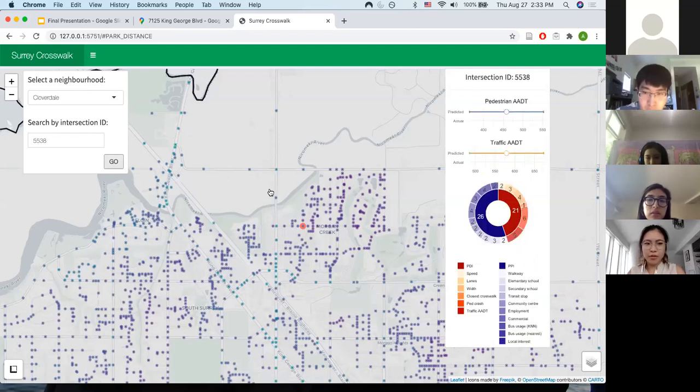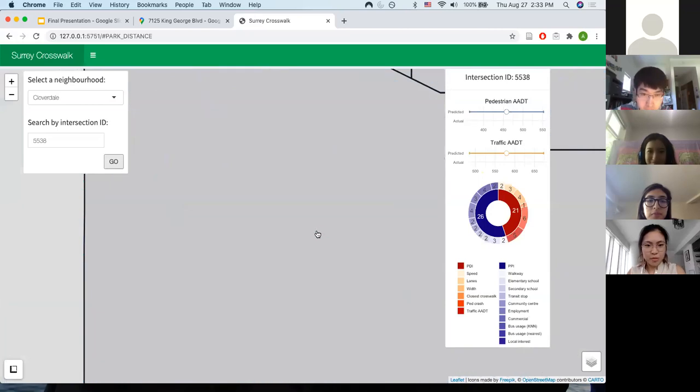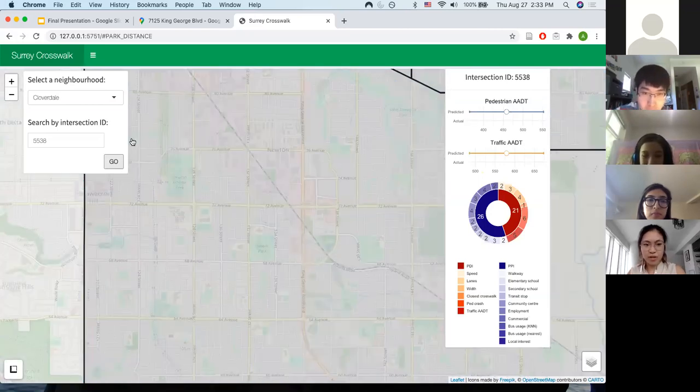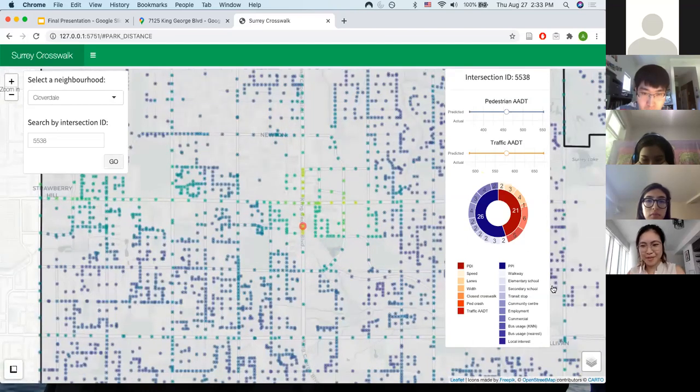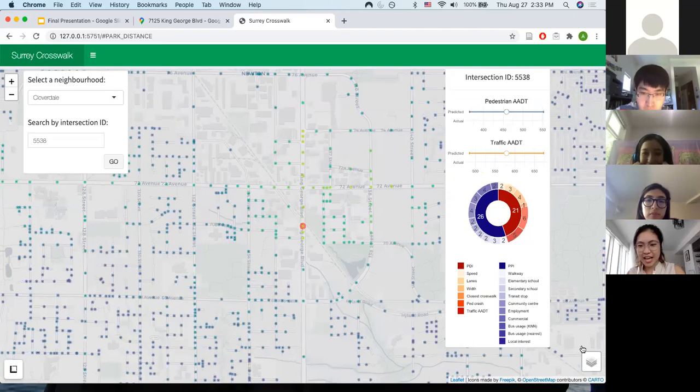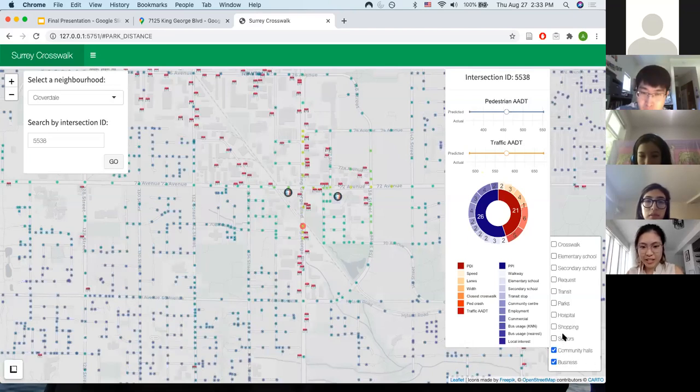I just want to walk through how people in Surrey can use this web app to explore what this intersection is going through. The intersection has 47 as its total score, and there are layers you can put in here, such as businesses, community halls, senior facilities, shopping centers, hospitals, parks, and transit, which I will not put on because there are just so many of them.